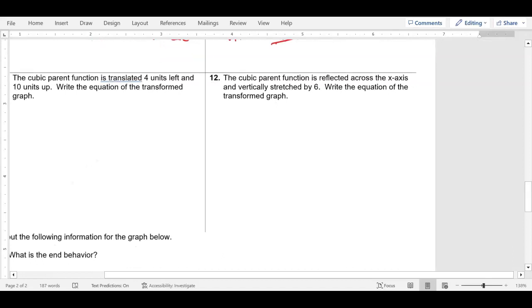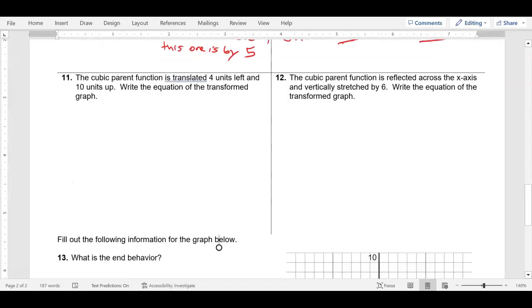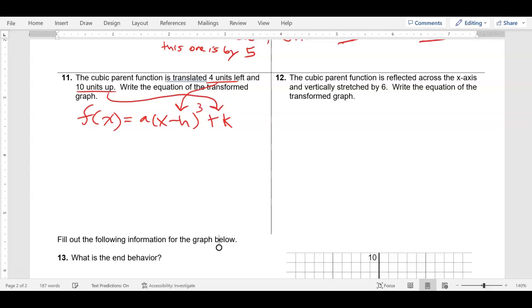All right, next one. The cubic parent function is translated 4 units left and 10 units up. Write the equation of the transformed graph. So if you remember, the cubic parent function, so 4 units left has to do with that. 10 units up has to do with that.